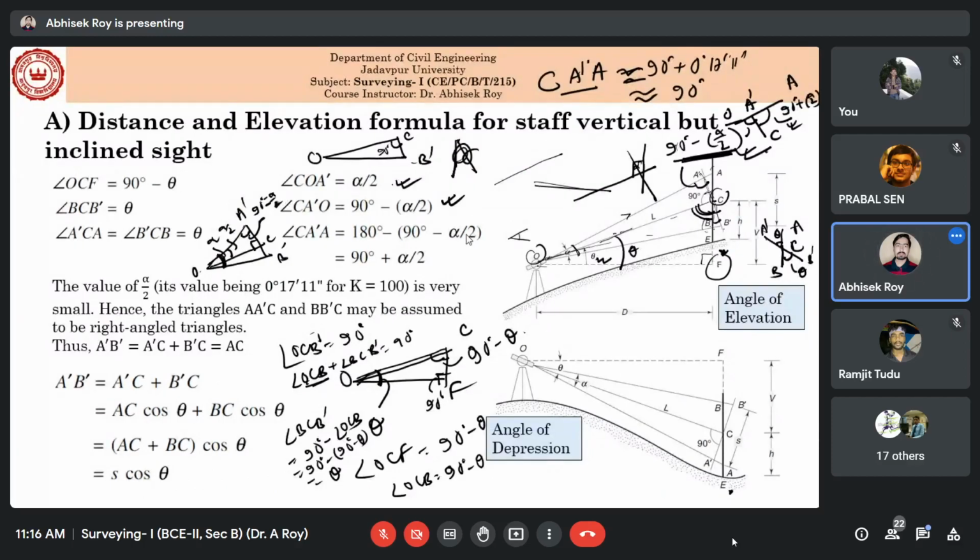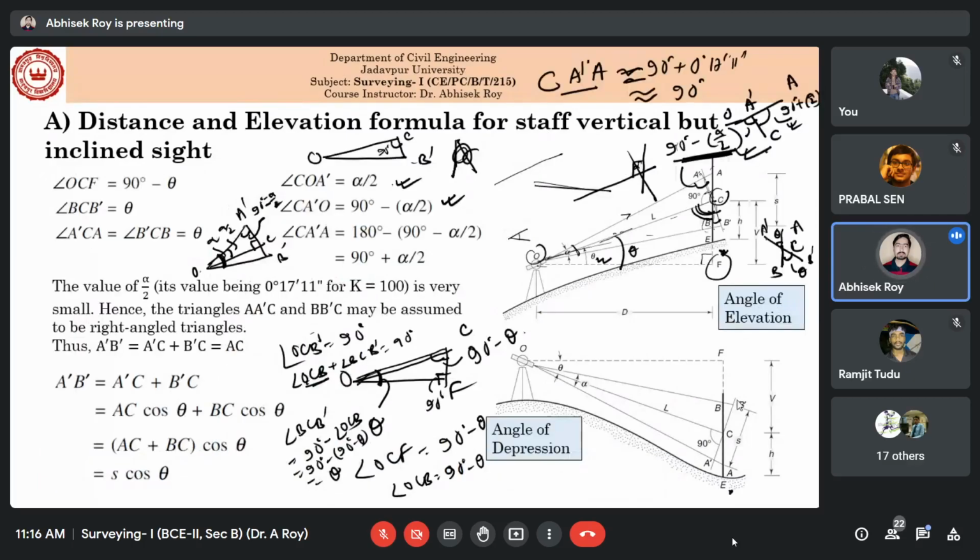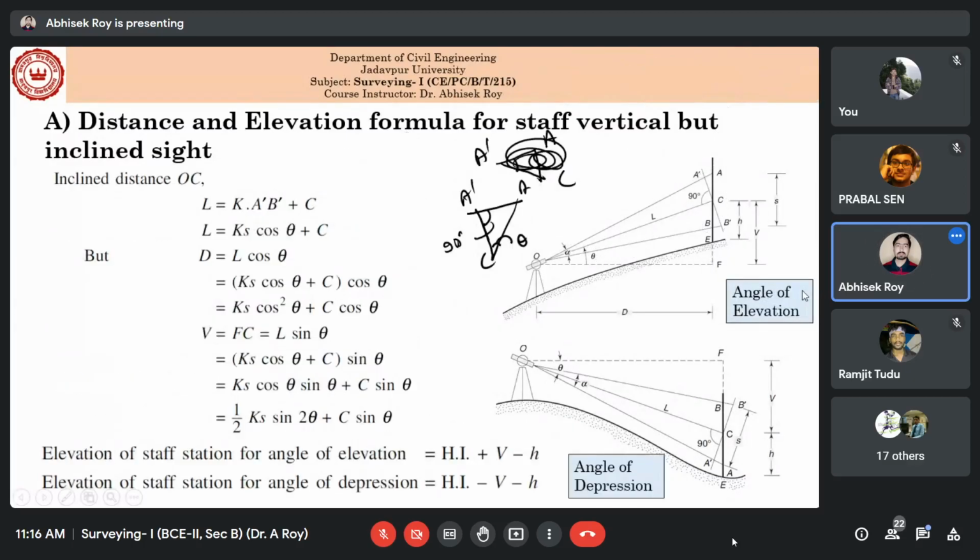Then what will happen? Please check. And this angle is theta, because this angle we have determined previously. So from this, you can write easily the value of A dashed C.